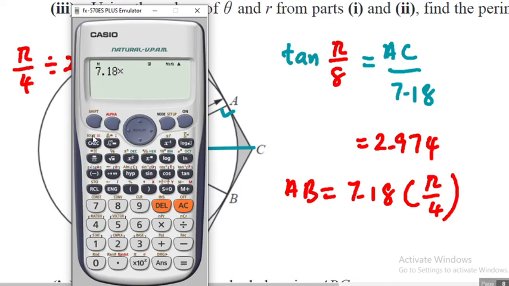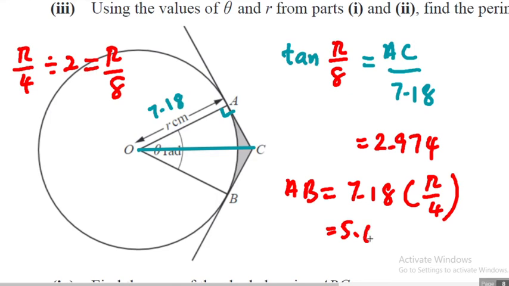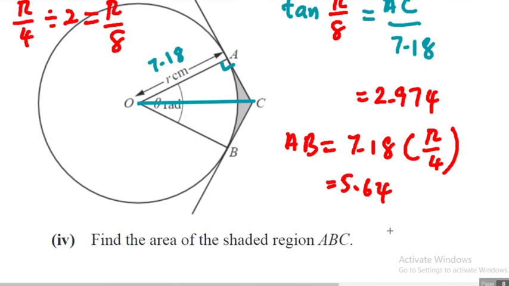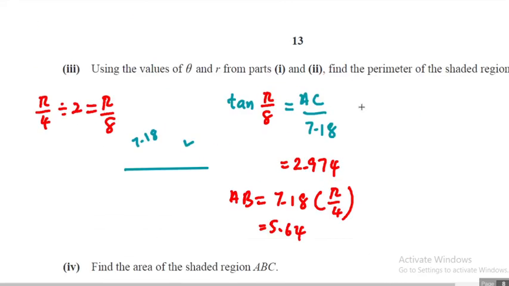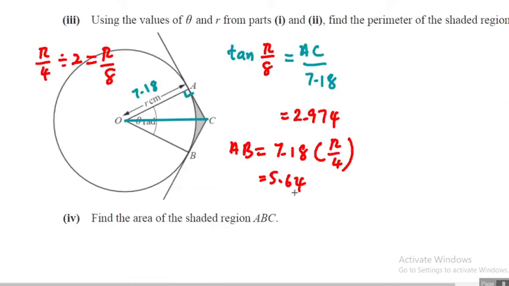7.18 times pi over 4. Okay? 5.64. Then here we write perimeter.